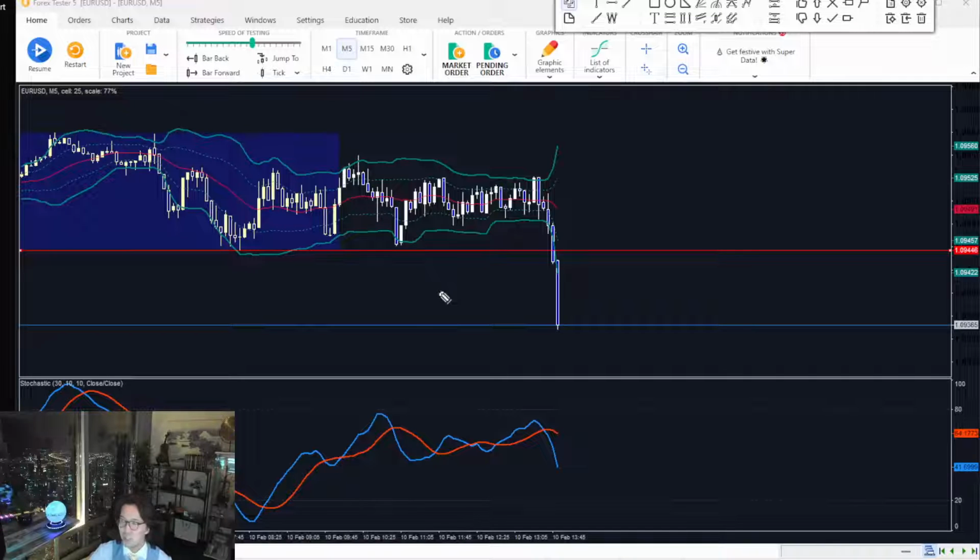From textbook, usually, after the breakout, you wait for the pullback, then sell here, right? But in my case, no, I don't wait for the pullback, because sometimes the market continues bearish without any pullbacks. So whenever I do see entry opportunities, I take them, and I don't wait for the pullback.